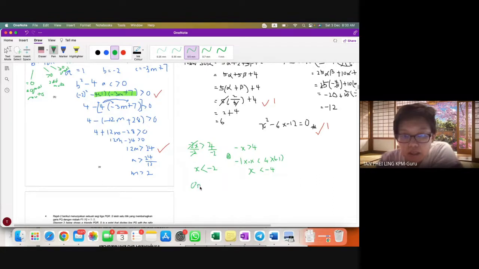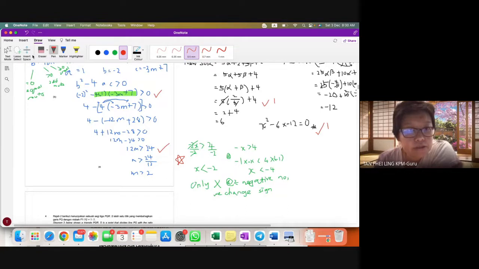Only times or divide negative number, we change sign. Okay. All right. So I hope that this example helps you. Does it help you, Aliyah?